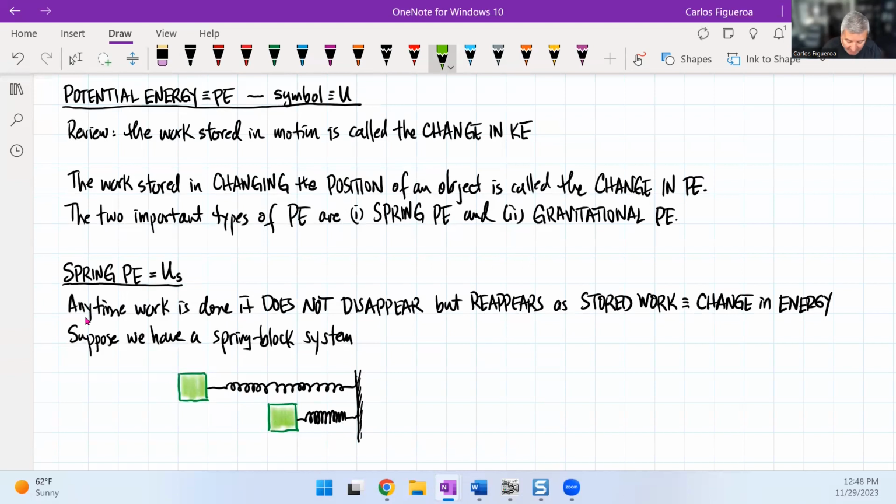So what you're seeing here is that you want to think about what is actually happening. For starters, what is my system? Well, it's actually the block. So when I think about the block, here's my system. I'm going to apply an external force, the force of my hand that's actually applying a force on this block, and I'm going to displace this block right here.